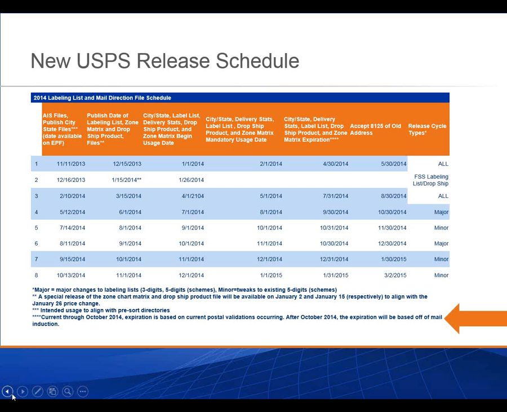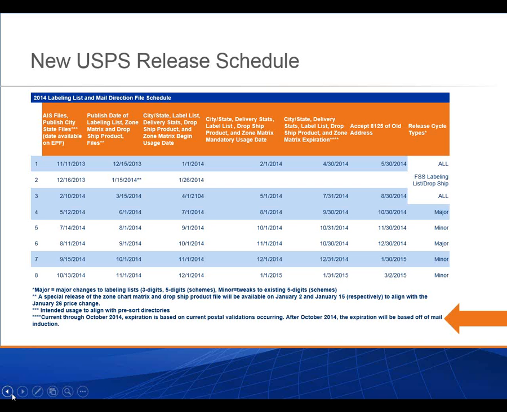Then in October, they're going to be doing what they refer to as a minor update. With the September-August one, there's a new version of mail.dat that's going to become available. That mail.dat 14-2 will be a new version that the Postal Service supports. In October, it's just going to be a minor one with some fixes in it.